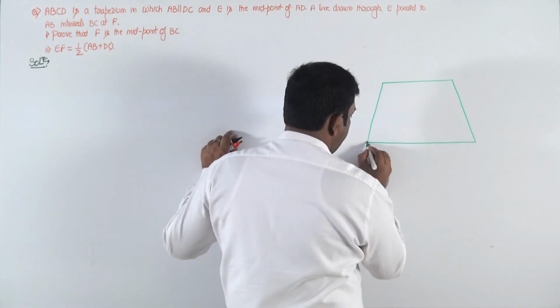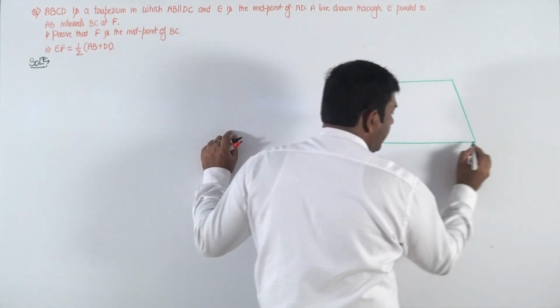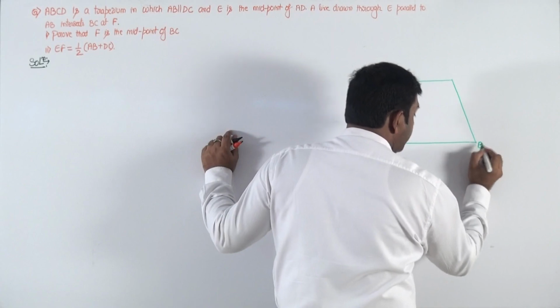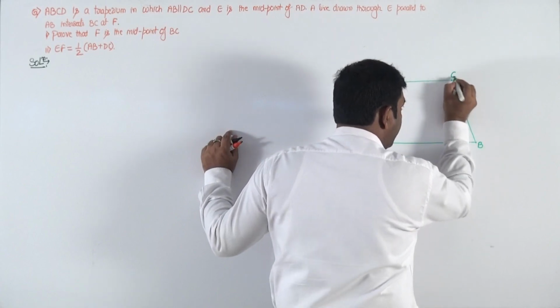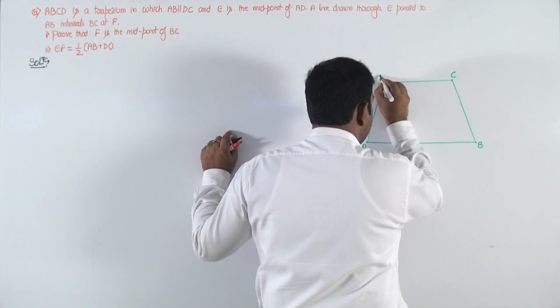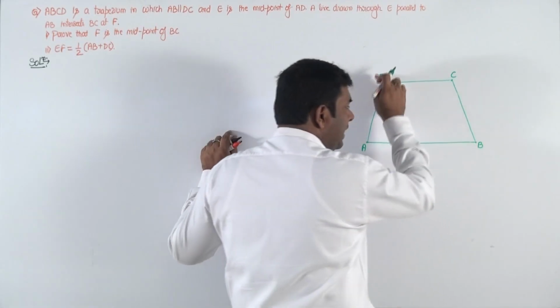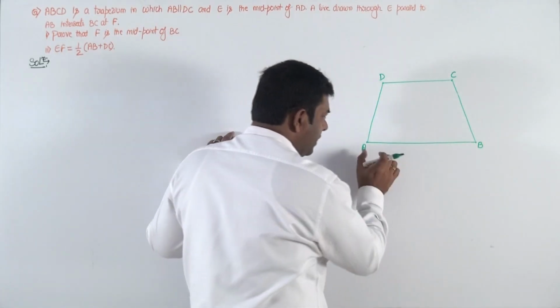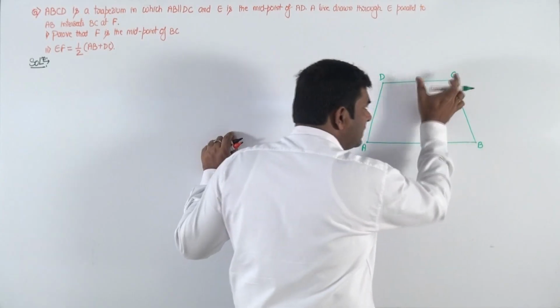This is A, this is B, this is C, and this is D. ABCD एक ट्रेपीजियम है in which AB is parallel to DC.